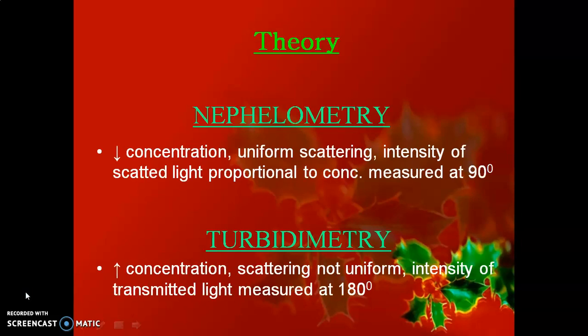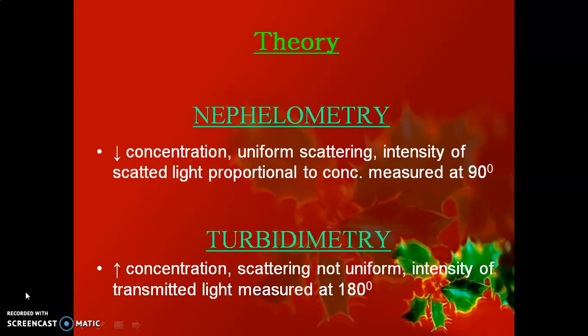Nephelometry is applicable for lower concentration or less turbid suspensions. Here in nephelometry we get very uniform scattering. The intensity of scattered light is proportional to the concentration, measured at 90 degrees, and it is applicable for dilute suspensions.